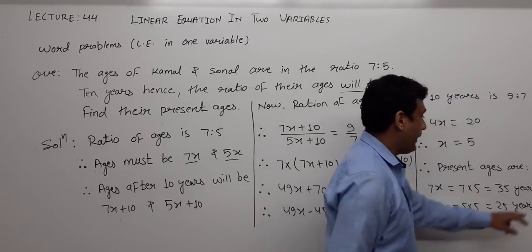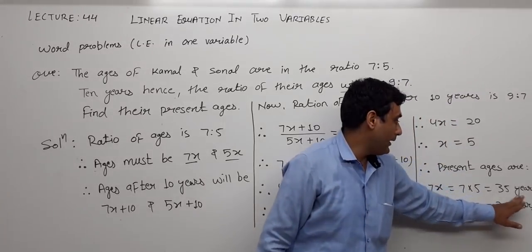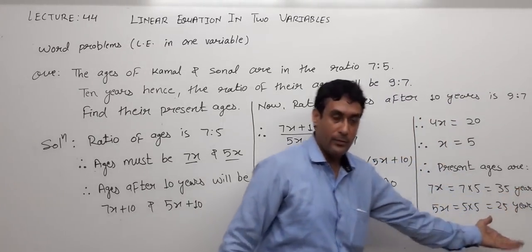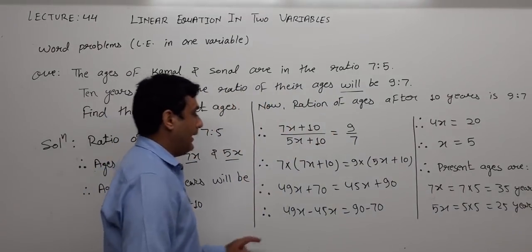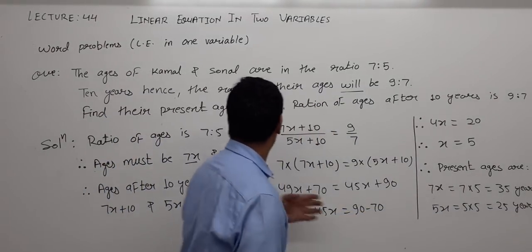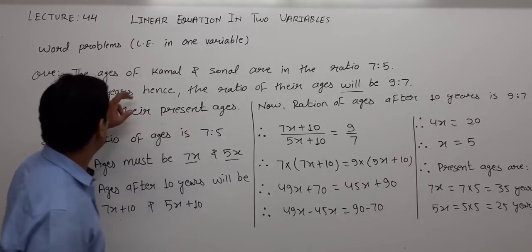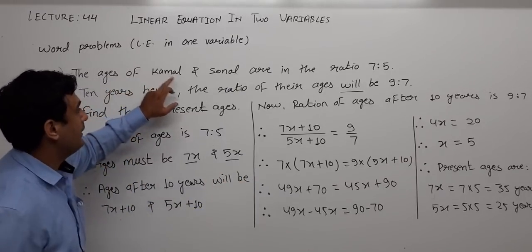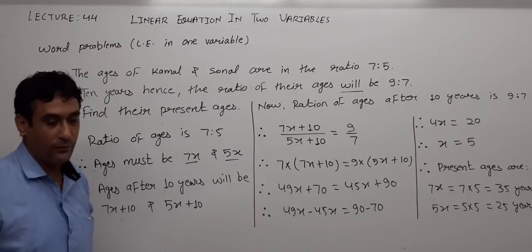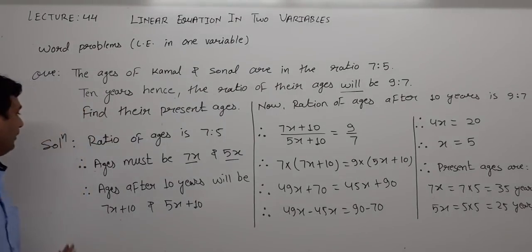Okay, we have to write the unit at the end. Here we are talking about ages, that means we are talking about years. So the present age of Kamal is 35 years and the present age of Sonal is 25 years. Okay, so please note it down.